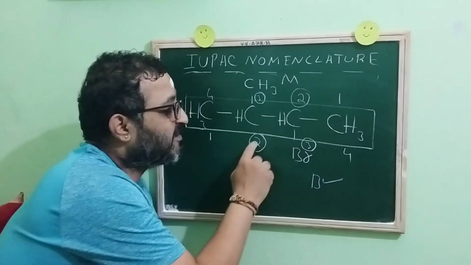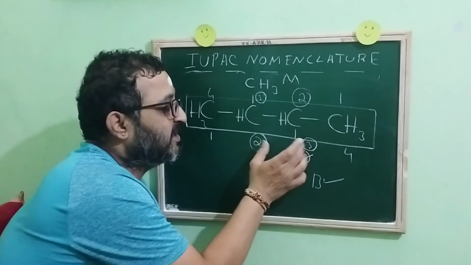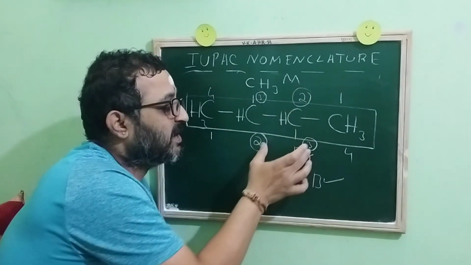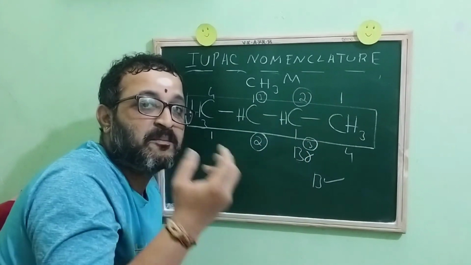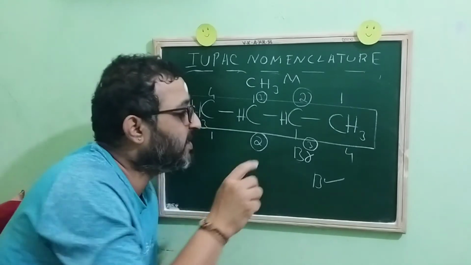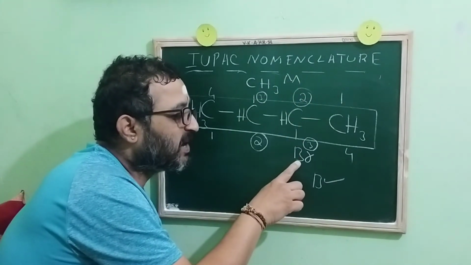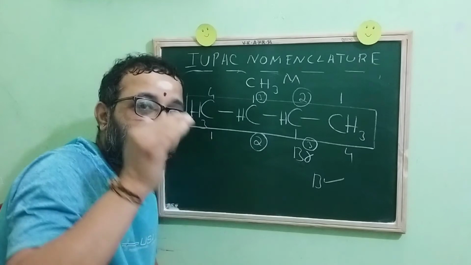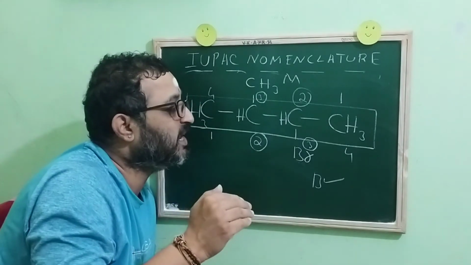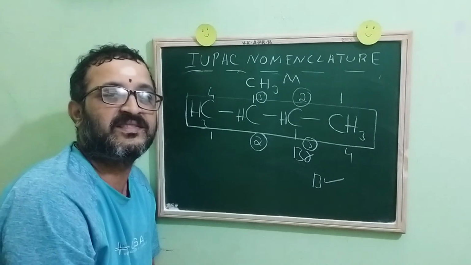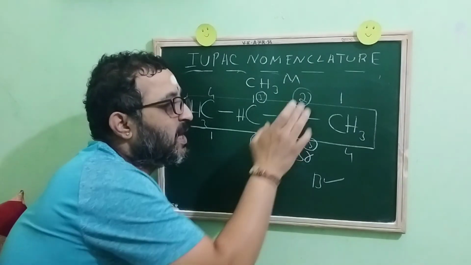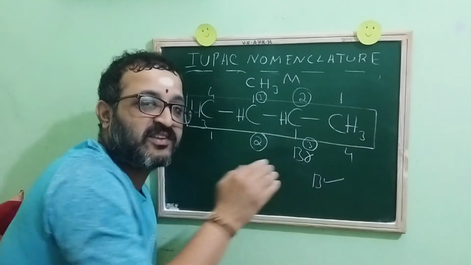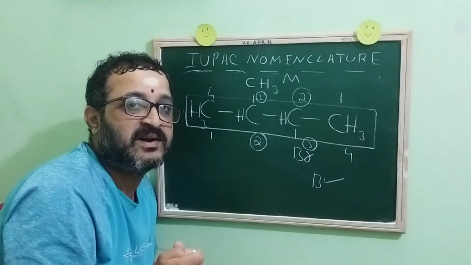Then when such a situation arises, that is, the sum of the positions on both sides is the same, that is 5 and 5, then the numbering is done in such a way that the one which comes first in the alphabetical order, that carbon has to be assigned the lowest number. That is, bromo comes first. By numbering in which direction will the carbon to which bromo is attached get the lowest number?